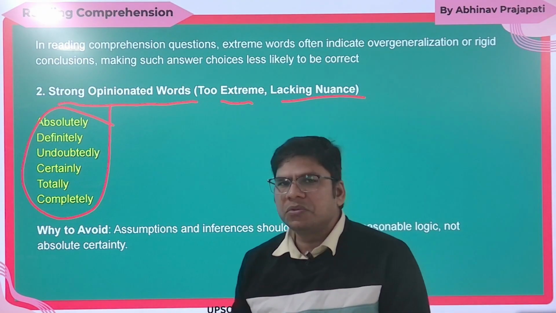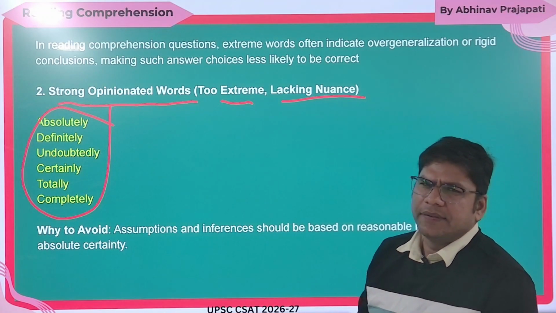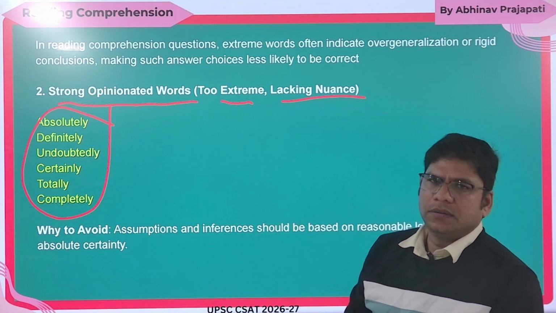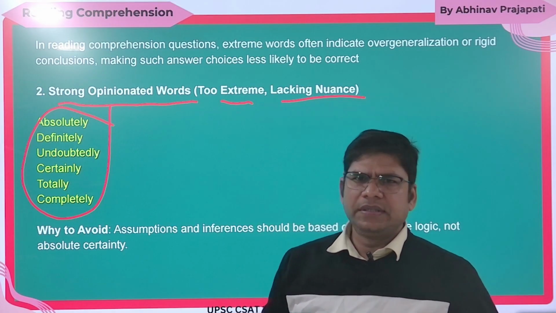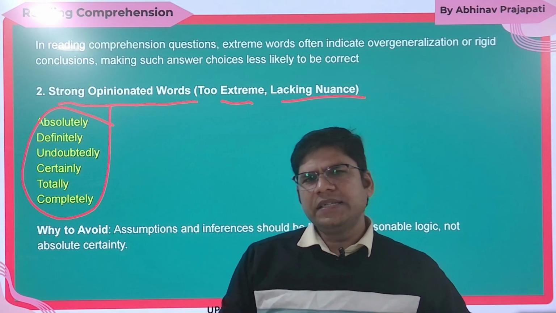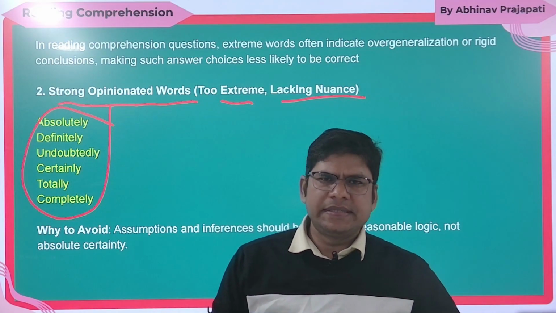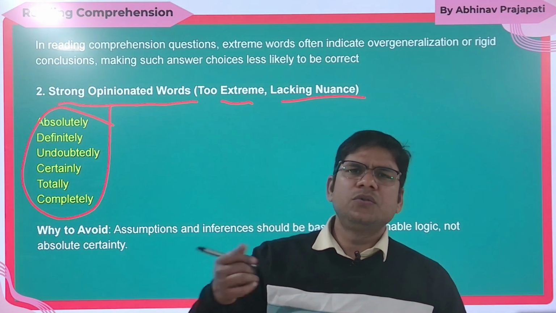So these are strongly opinionated words, and we should avoid the option consisting of these words, because nothing is absolute in this universe. How can any idea be absolute? Is it possible that I'm the only teacher for CSAT? No, there are other teachers for CSAT and they are also doing good.